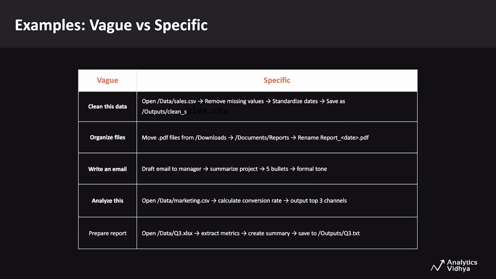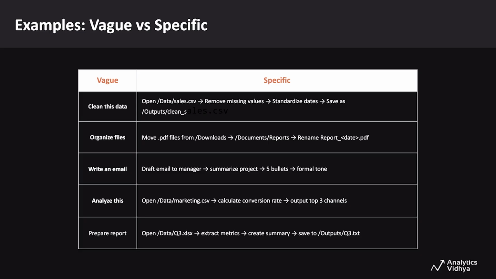Alright, let's look at some real-world examples where we take vague prompts and turn them into specific executable instructions for Co-work. For instance, the vague instruction would be clean this data, but the specific one: open this file, remove any rows with missing values, standardize the date format, and save it as cleansales.csv in the outputs folder. See the difference? The more details you provide, the clearer Co-work's job becomes.